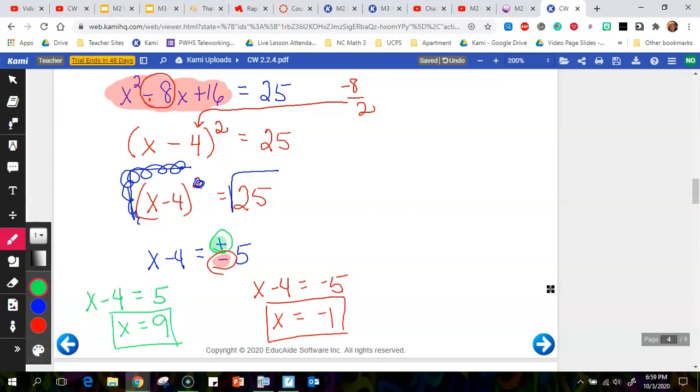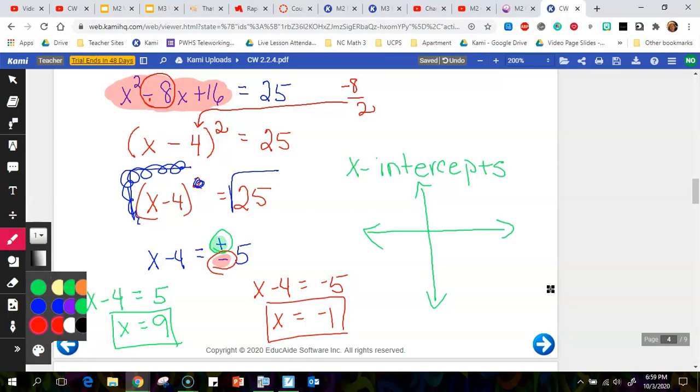And this is what these are. These are the x-intercepts. So if I graph this, this would be a parabola. Its a value is 1, so it opens up. Here's negative 1 right here, and my 9's way over here.